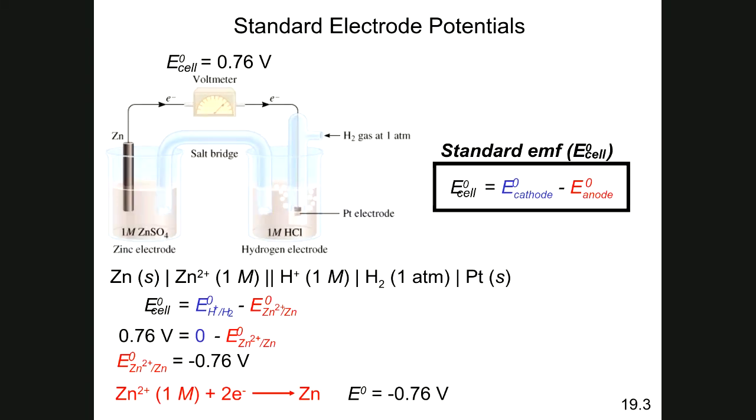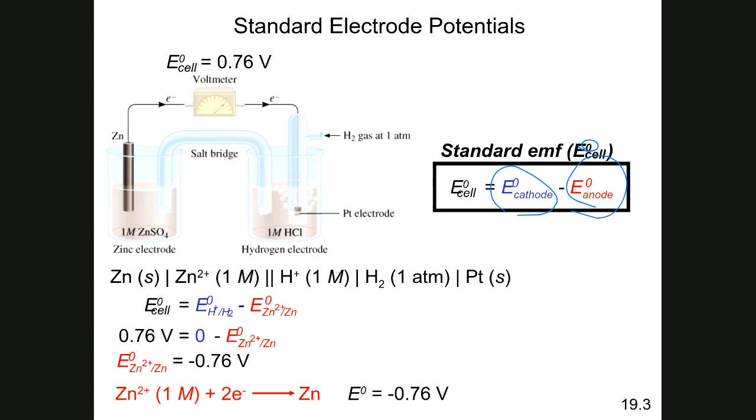The cell potential is going to be E cathode minus E anode. So this E cell standard EMF for every reduction is recorded in tables, and those numbers will be provided unless everything else is provided, and that is the question.